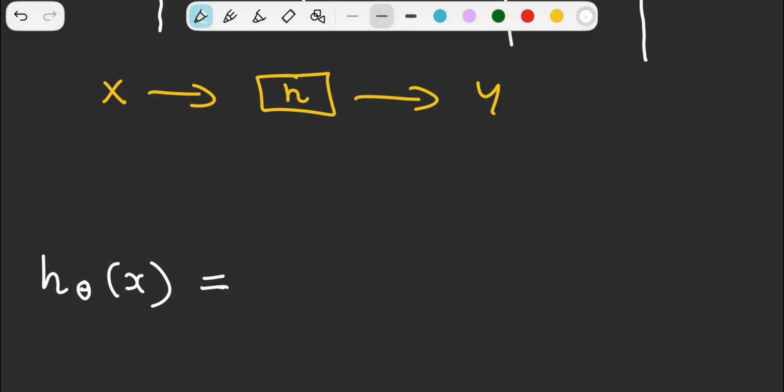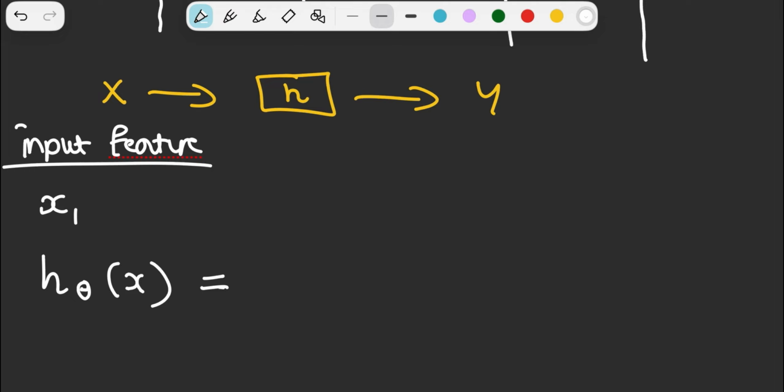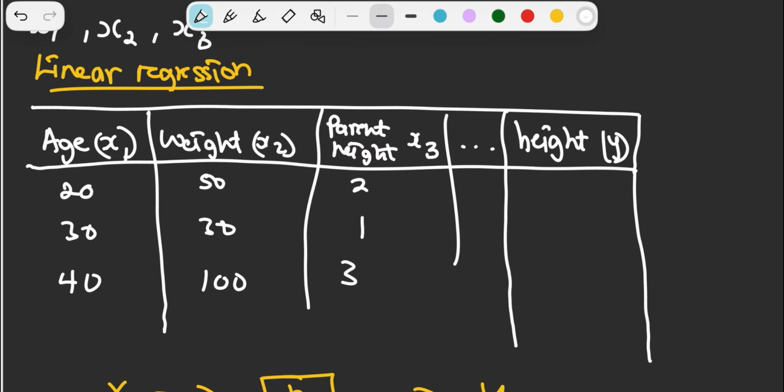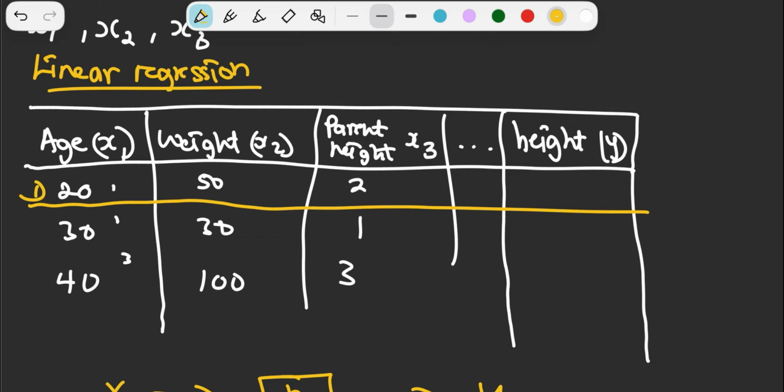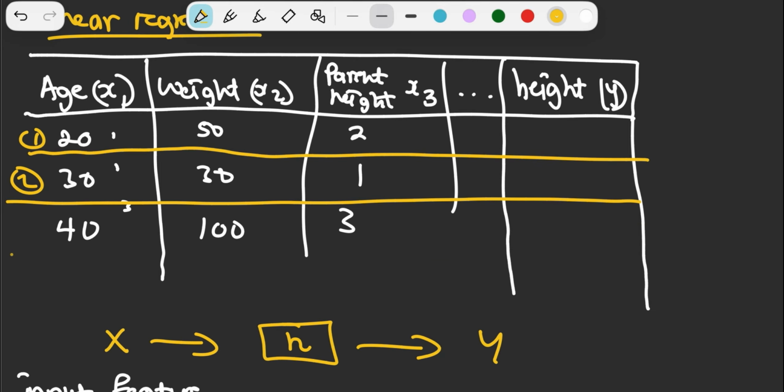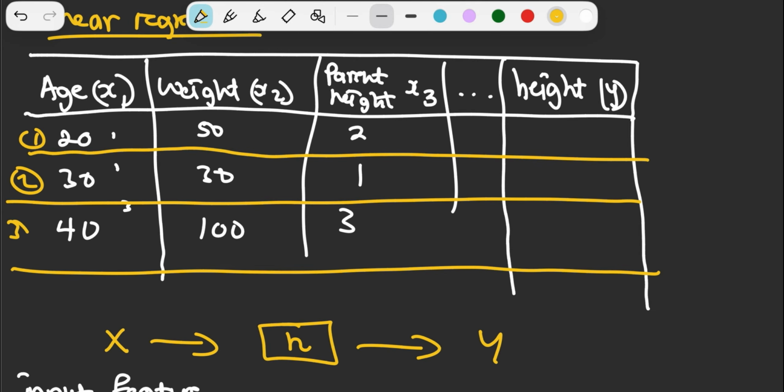So we need to understand what x is in this context, right? Input features. If you look at this, we have x1 superscript i, where i can be 1, 2, 3. This is the first training data set, this is the second training data set, and this is the third training data set.